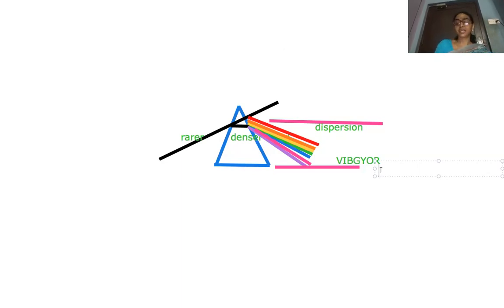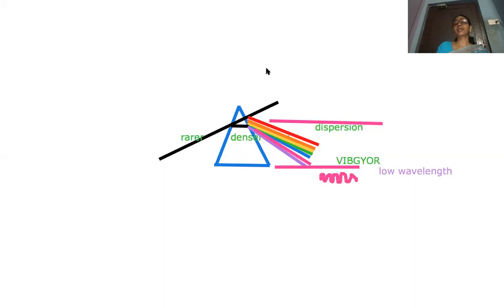The reason is it has a low wavelength, and hence it is undergoing maximum deviation. The particles are very close to each other. Can we draw the wave to show the wavelength of the violet light? It is very close, like this. So the wavelength is very, very less.